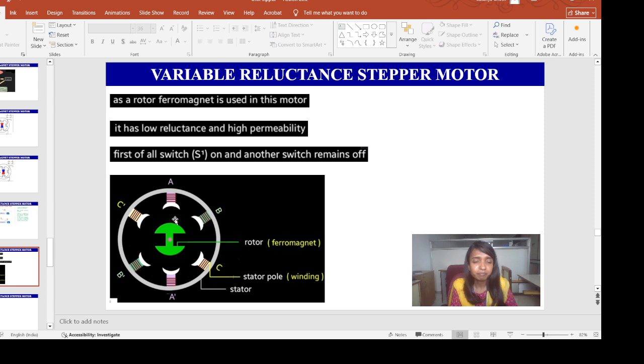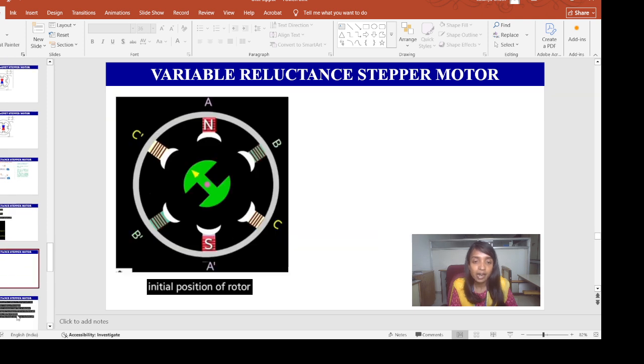Now we will excite each pair of phases with the supply. First of all, let us say that switch S1 is on and the other switches are off. At this condition, this is the initial position of the rotor. That means the rotor is positioned like this.